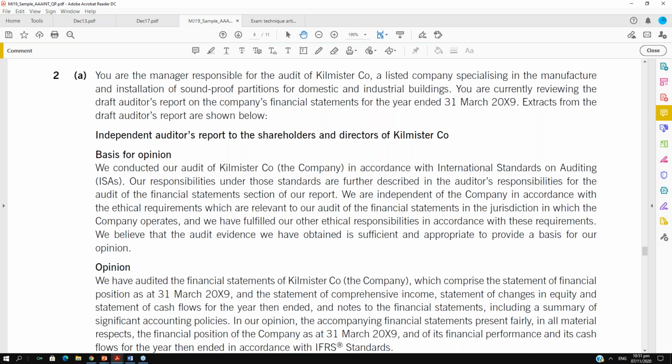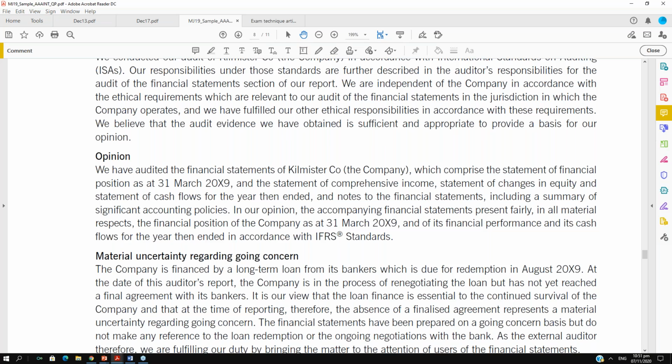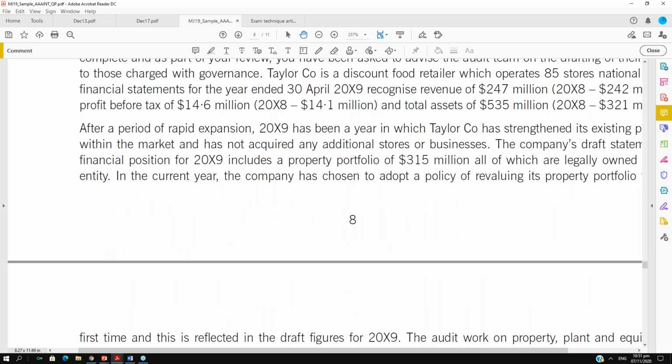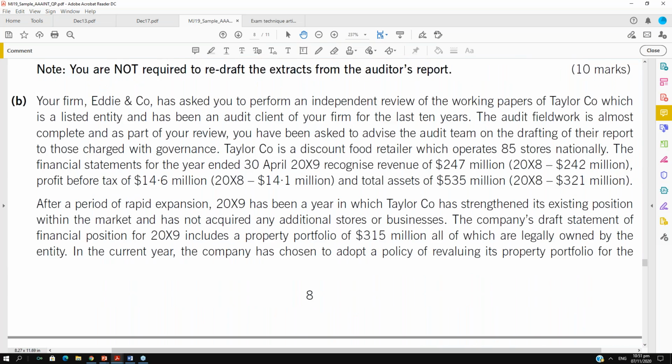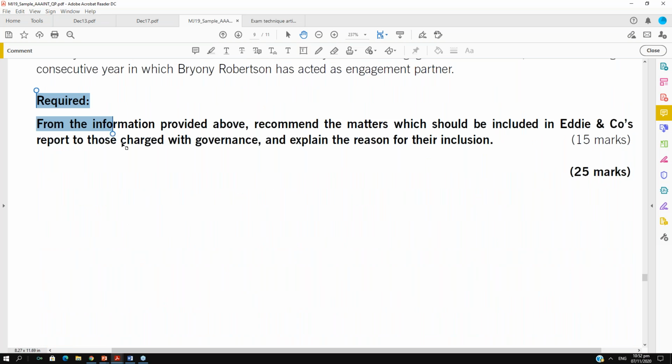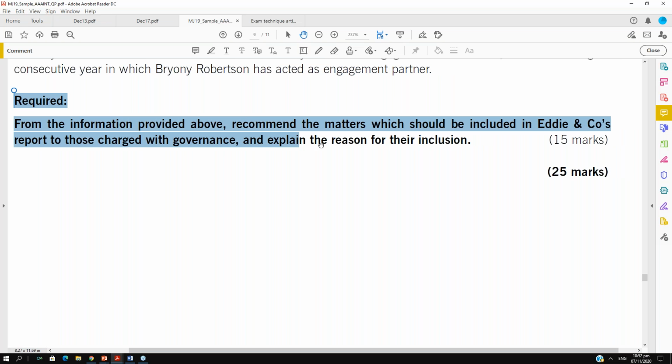Okay, we need to do the B part. This is the B part. Let's see what the requirement is. Can you just spend 1 minute reading the requirement from here to here? Can you just read the requirement in orange quickly?